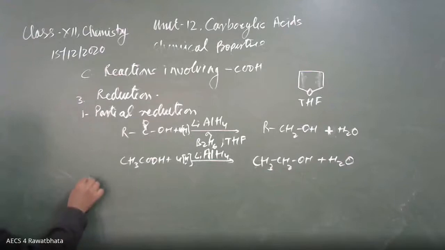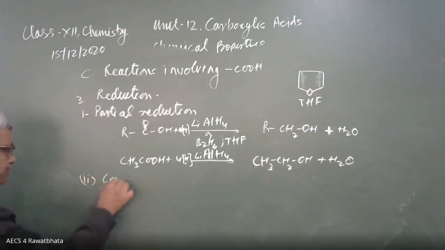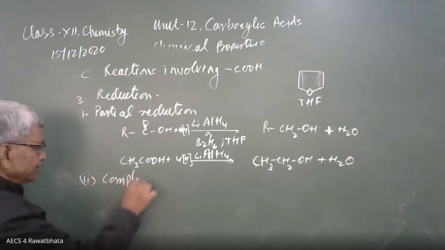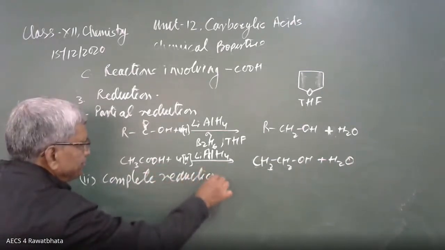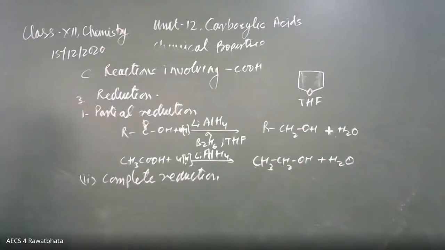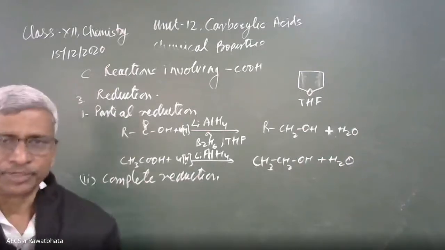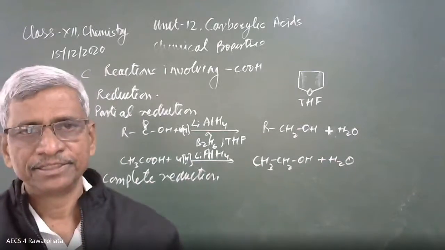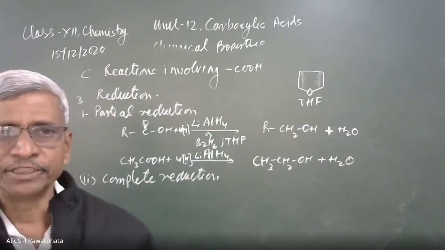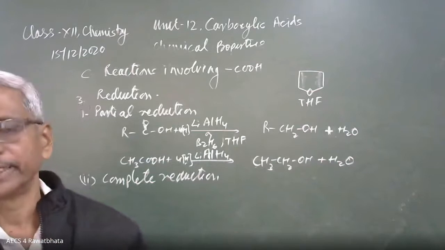The second is complete reduction. Then what should be the product of complete reduction? When all the oxygen comes out from the carboxylic acid, it is going to change into alkane. Now carboxylic acid we are going to change into alkane by complete reduction.